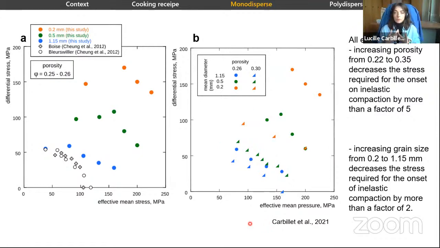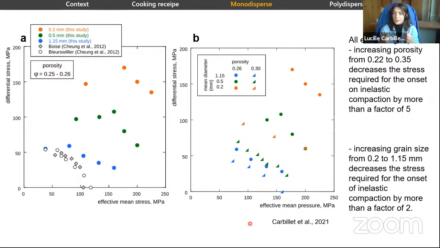So this is the first time that we were able to study grain size in a deconvolved manner and to really show that it has a first order control on the mechanical behavior, just as porosity. And so it is important to remind us that grain size should become a routinely measured parameter when dealing with mechanical properties of rocks.